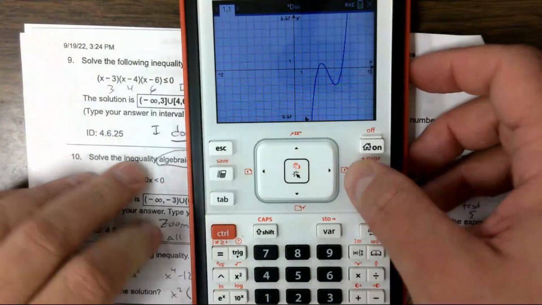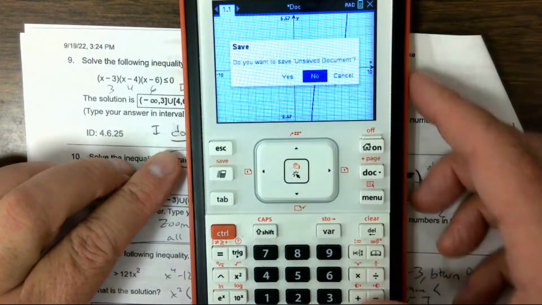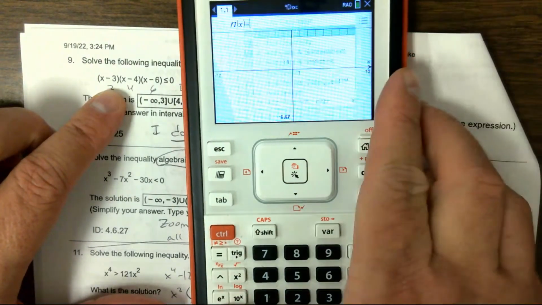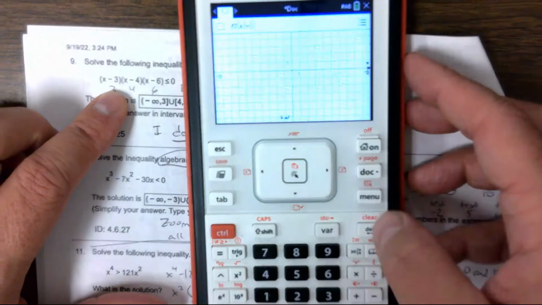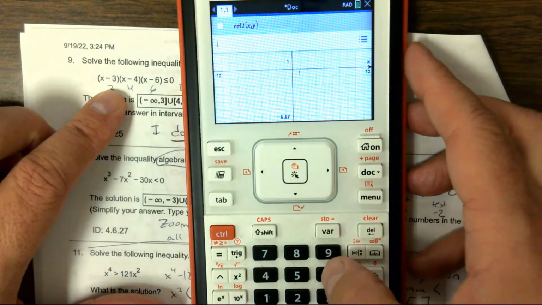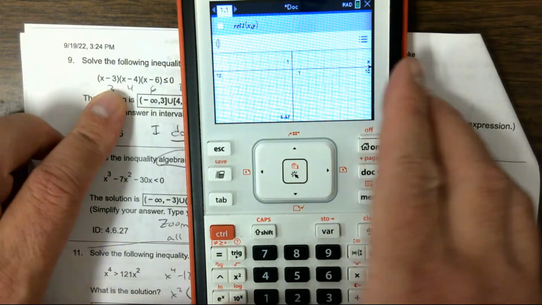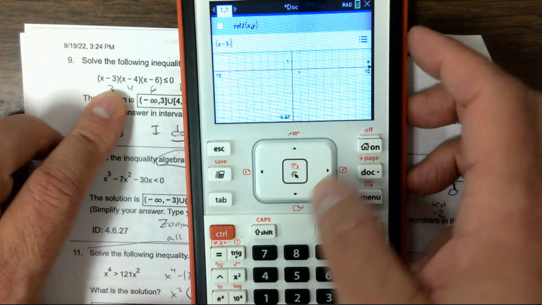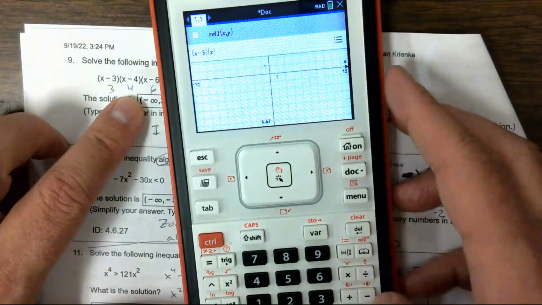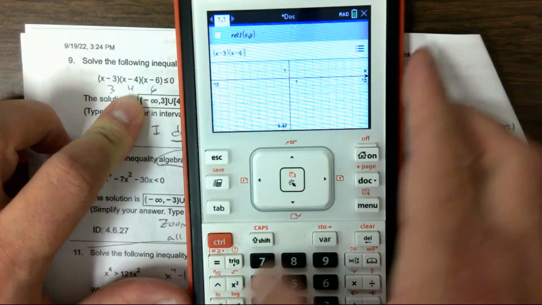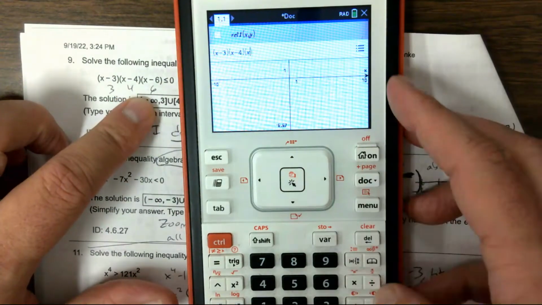Now again, addressing my note, if I did relation x minus 3, x minus 4, x minus 6.